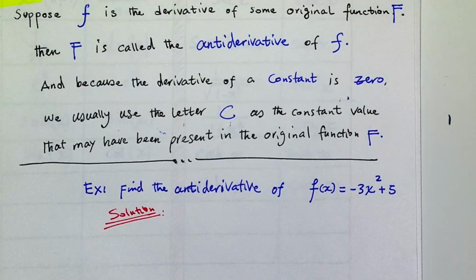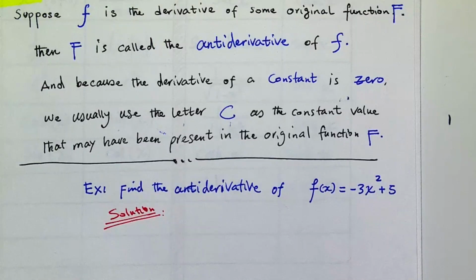So we have ways of determining the value of the constant, and for that, we need to be provided more information. In addition to the derivative, we need more information from which we can calculate the constant in the original function.